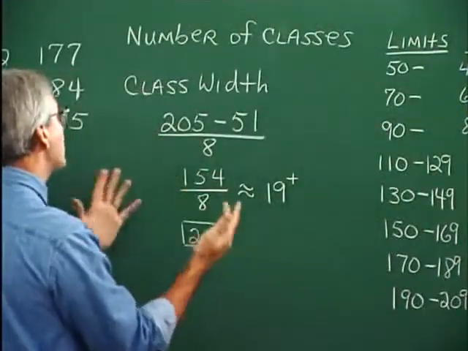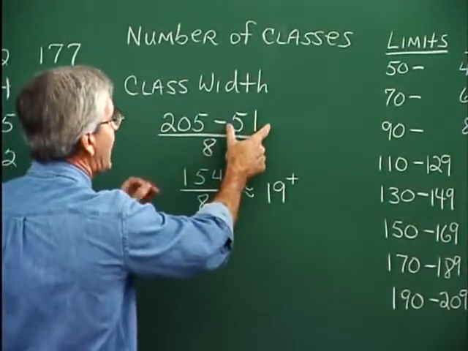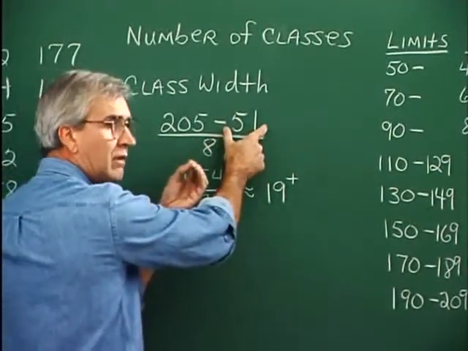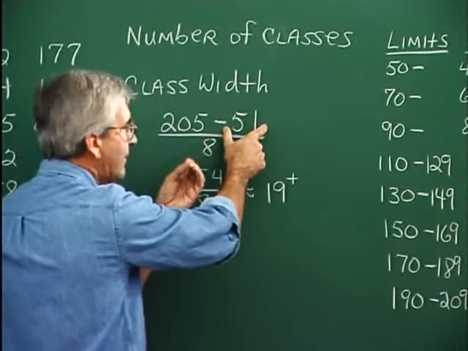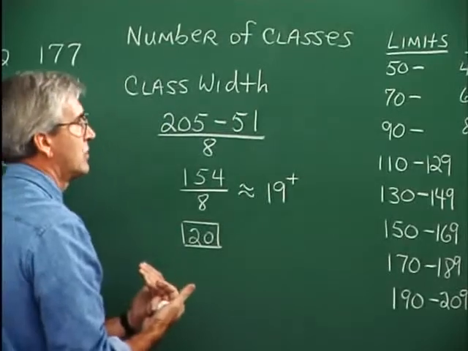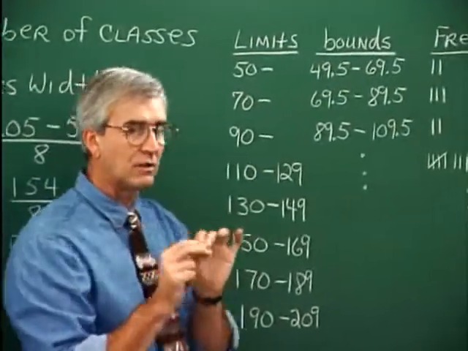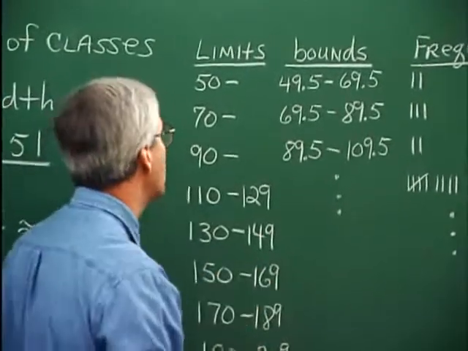Well, okay, so we decide on class width, and we know from the lowest score that we have to have the beginning of our graph starting at a value below 51. So I'm electing to start at 50. And now we're going to establish the limits. Now this means the class limits involved in the histogram.